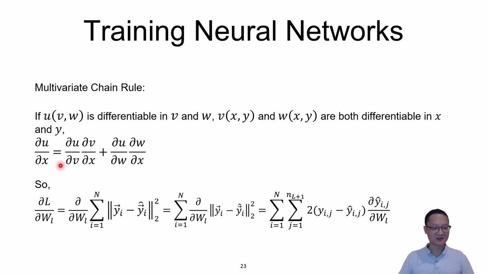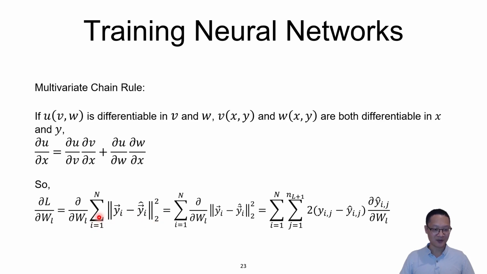Applying this chain rule to training neural networks, what we want is to take the partial derivative of L with respect to one of the matrices, or any of the matrices, WL. So that's going to be the same as the derivative of our loss. Let's just use the square loss.